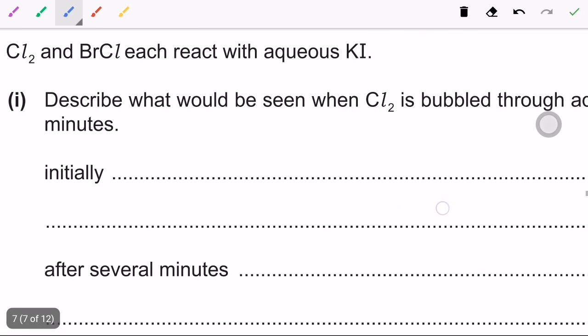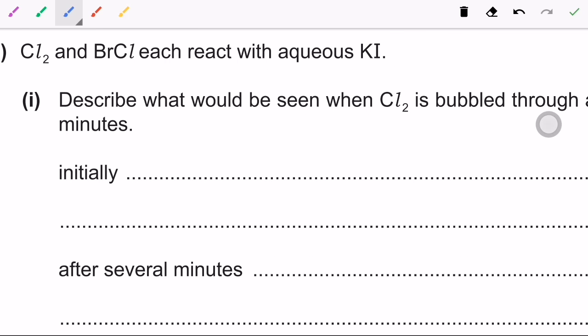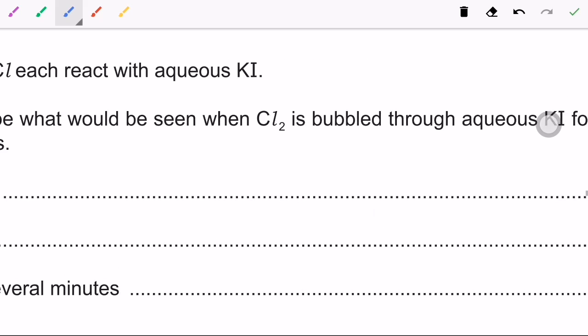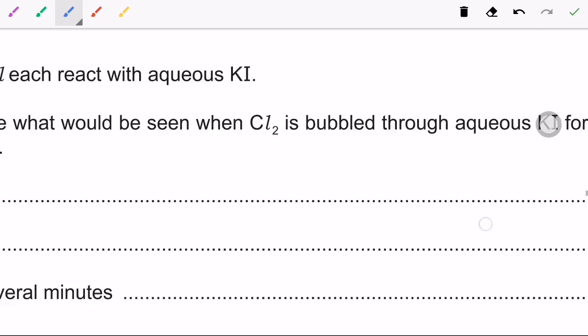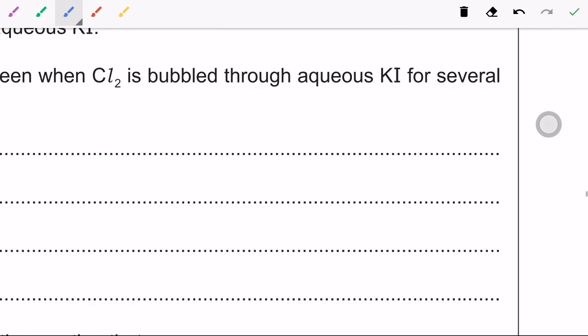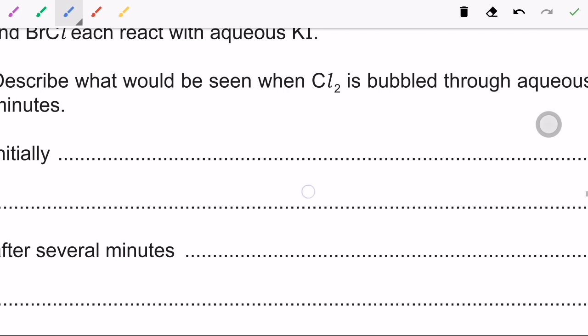Cl2 and BrCl each react with aqueous potassium iodide. Describe what would be seen when chlorine is bubbled through aqueous potassium iodide for several minutes. Initially, the solution begins to turn yellow or brownish.